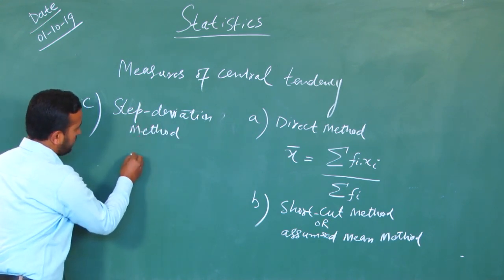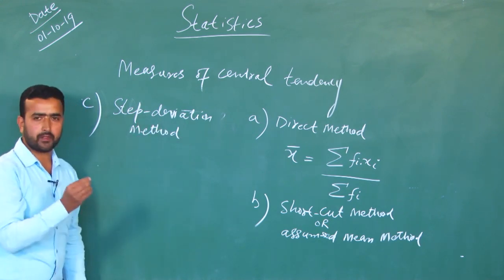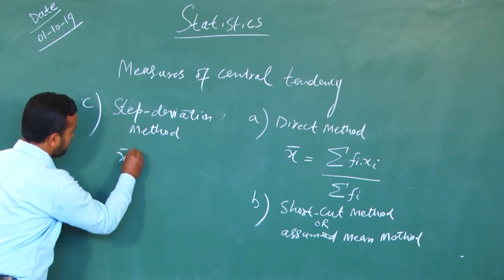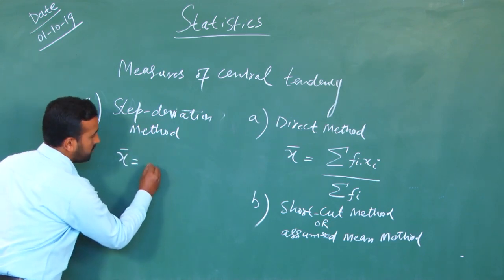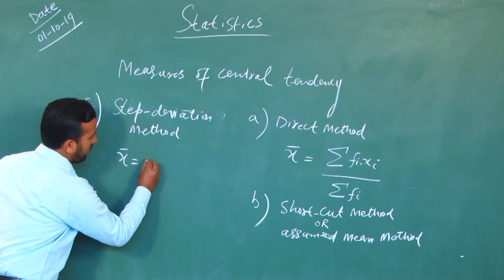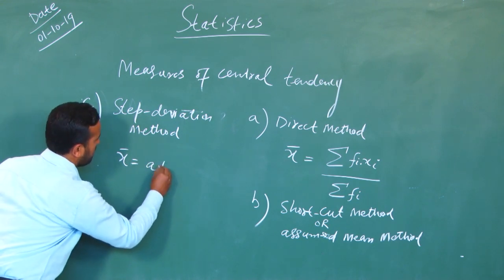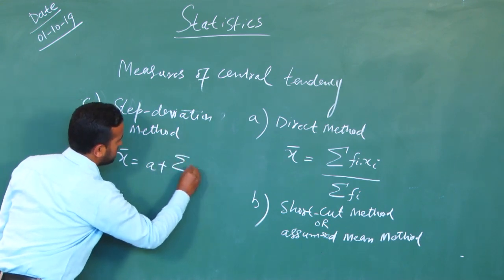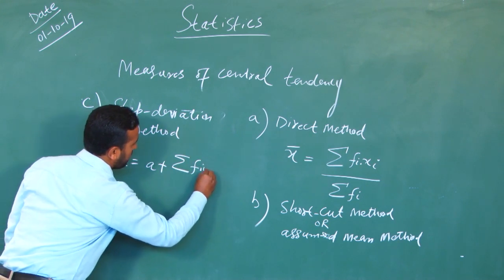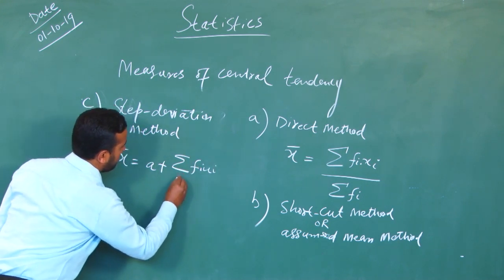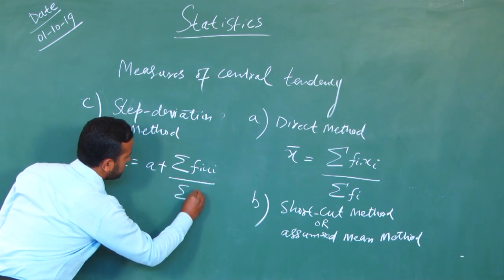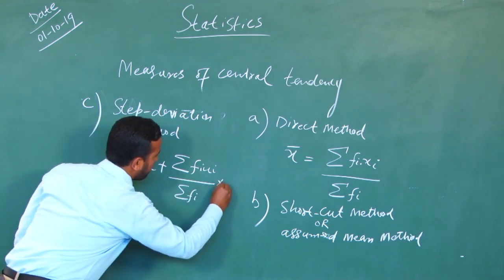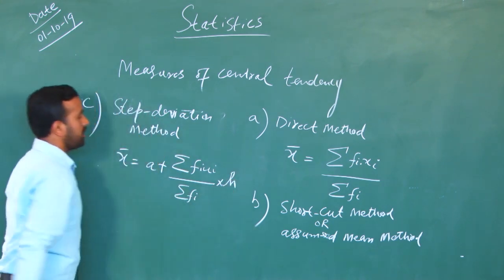The mathematical formula for the step deviation method is x bar equal to A plus summation fi ui divided by the sum total of the frequencies, multiplied by the class size.